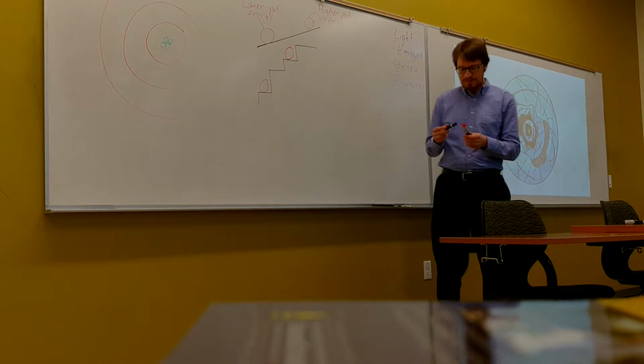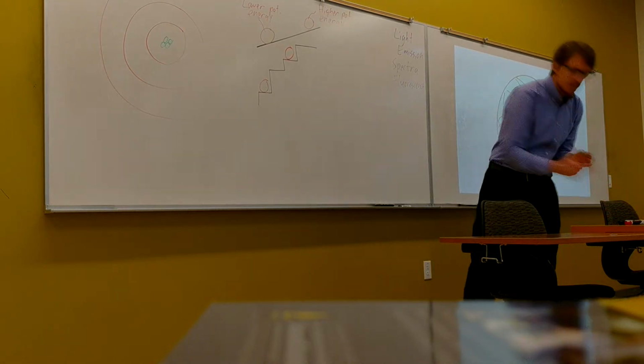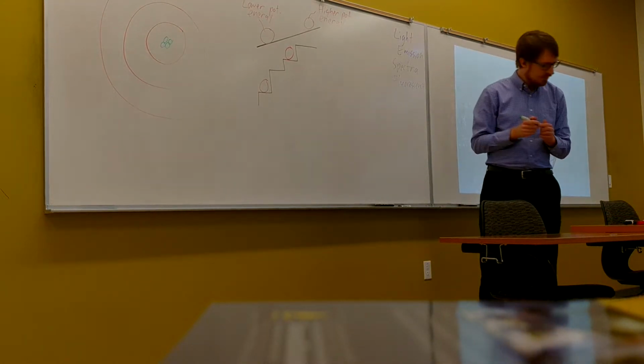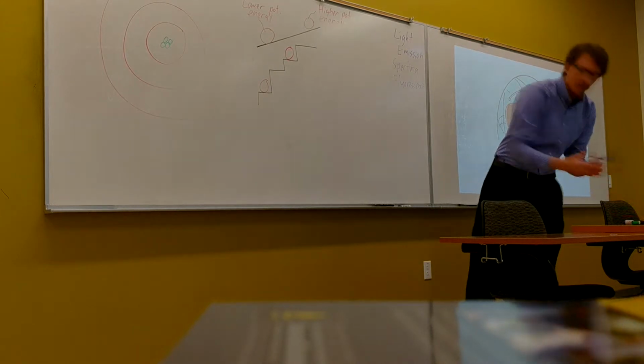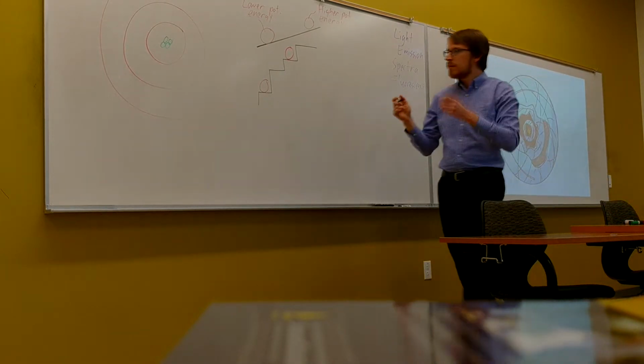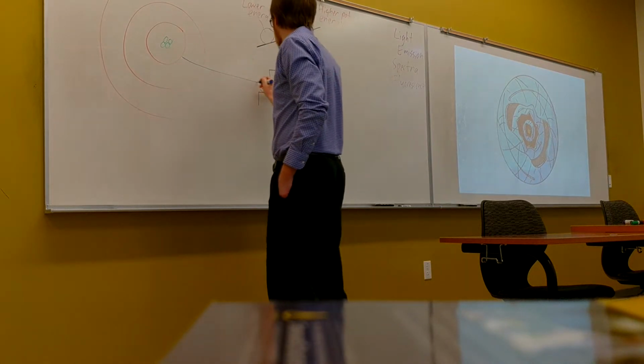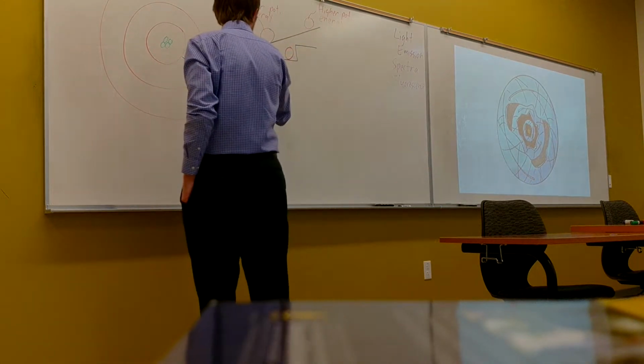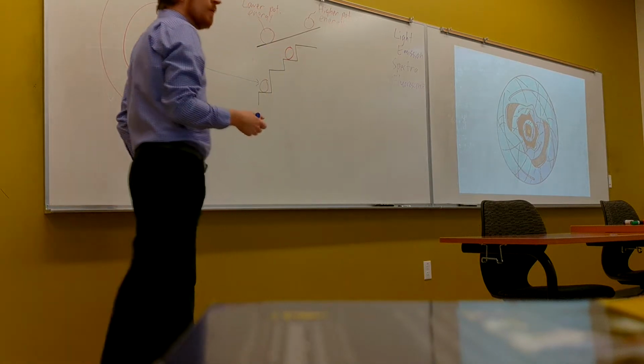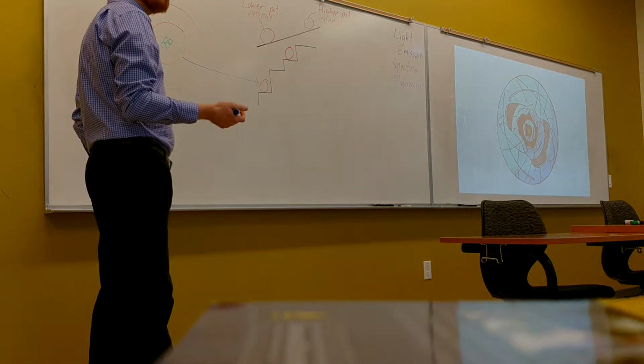So one shell in this atom, let's see, there's blue here. One shell that represents the lowest stair with the lowest potential energy.